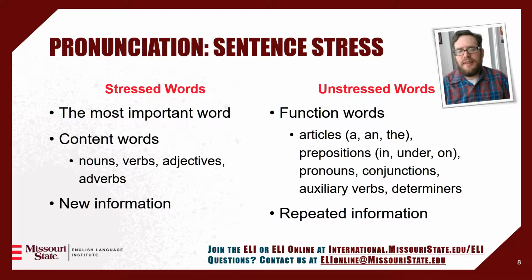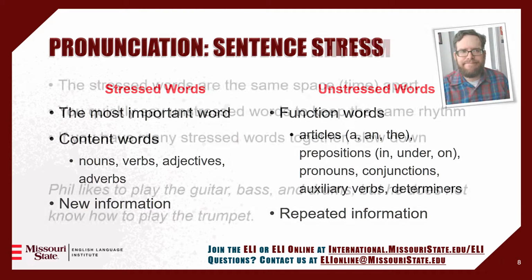So if you're saying the same thing again, you usually don't stress those same words. Okay, you'll say it a little more quickly because it's old information. Okay, so those are the basic rules of what we stress and what we don't stress. So let's look at how we put that together with some examples.